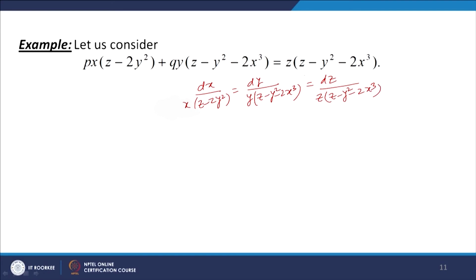Now, let us look at these characteristic equations carefully. This second ratio: dy over y times (z minus y square minus 2x cube) equal to dz upon z into (z minus y square minus 2x cube).